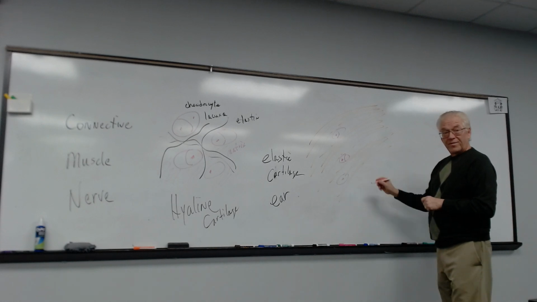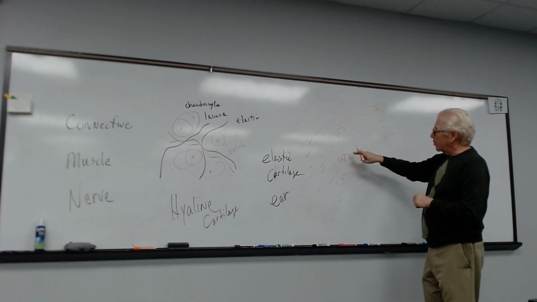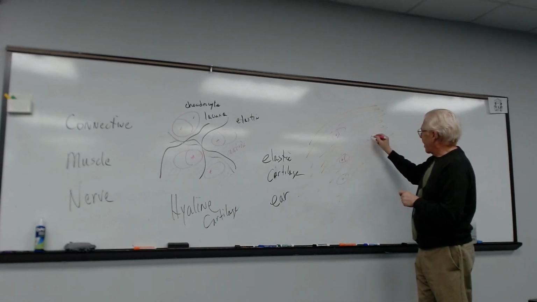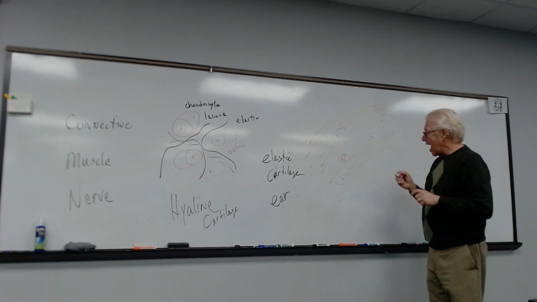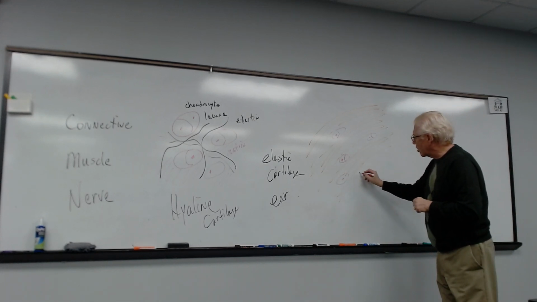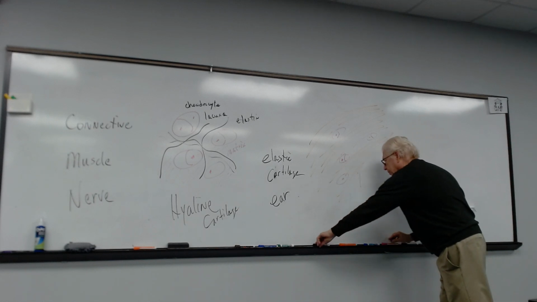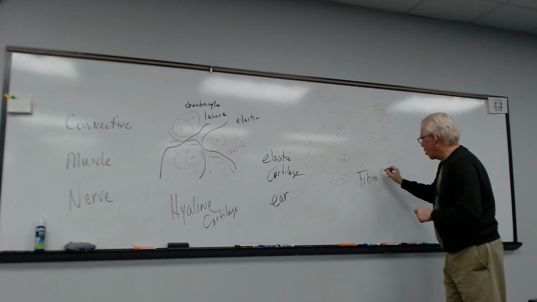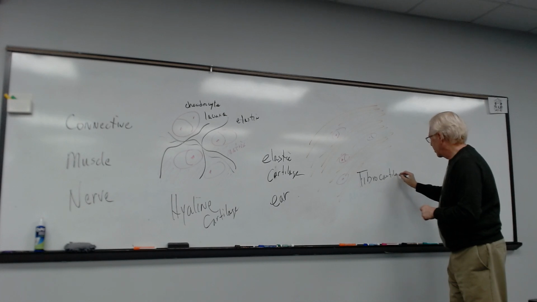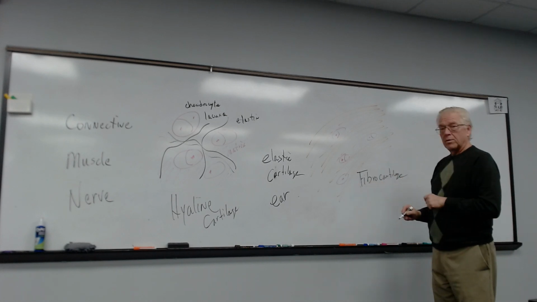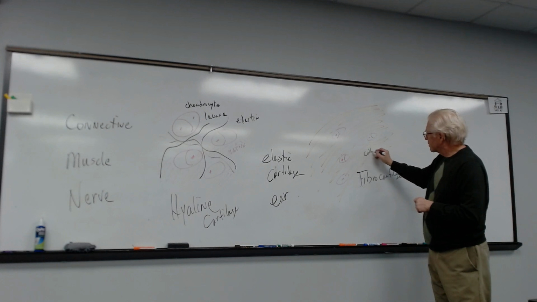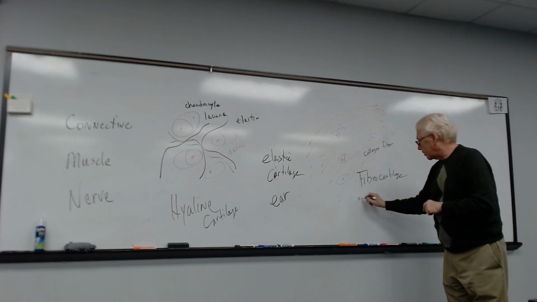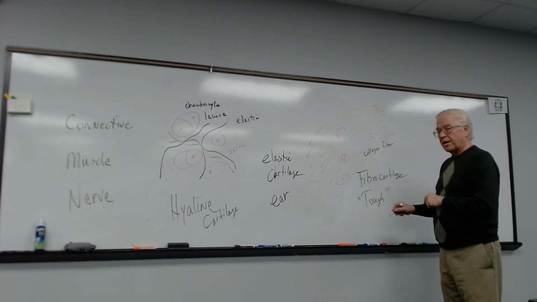So we've got the strong collagen fiber, but we know it's cartilage because we see these characters spread out inside it. And this very tough stuff is called fibrocartilage. Fibro, because it's full of collagen fibers. So this is the tough stuff. This is the toughest one.